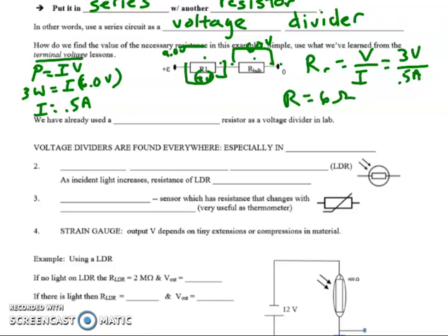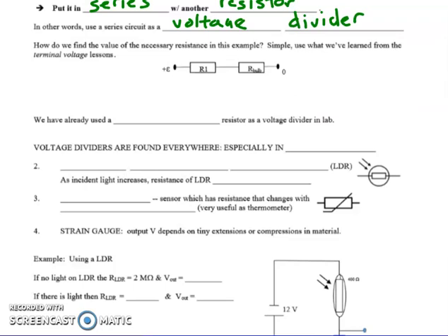By making this 6 ohms, I can figure out the resistance of this bulb based on knowing that the voltage is 6 volts and 1/2 an amp, right? 6 divided by 1/2 is 12 ohms. So let's see if it all checks out. 6 plus 12 gives me an effective resistance of 18. And if I have 9 volts across it, 9 volts divided by 18 gives me 1/2 an amp, which is what I want. So there's a lot of different ways you could approach this.